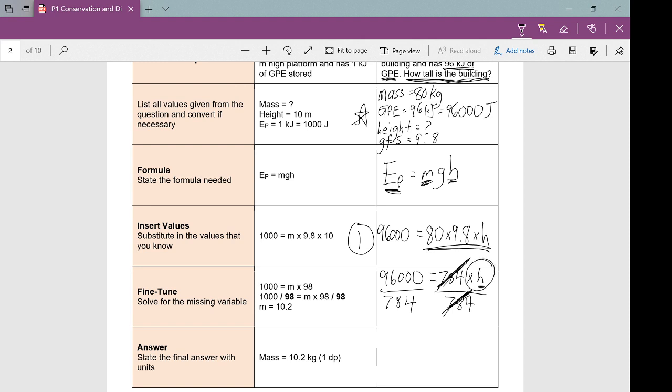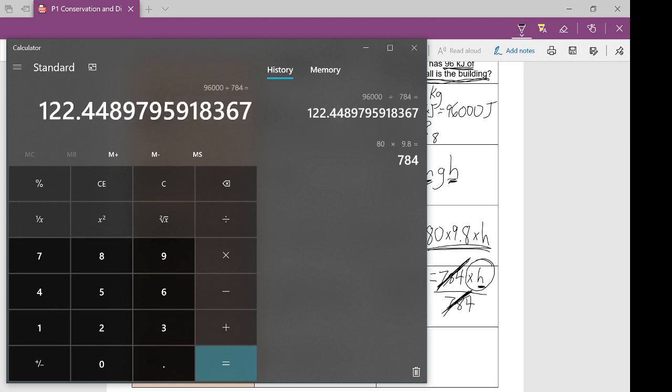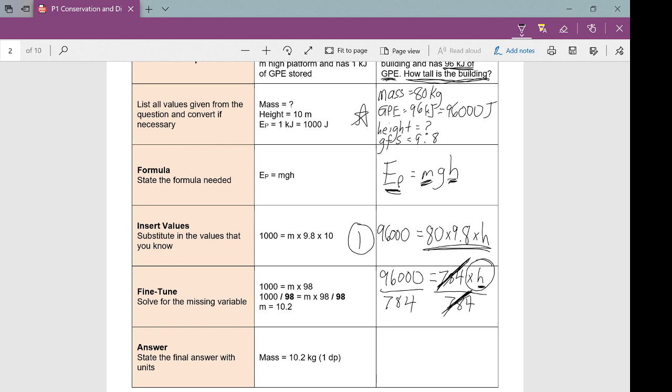And now I'm going to work out what 96,000 divided by 784 is. That's 122, and then I'm going to round that to one decimal place. I'm going to say 122.4. So h is equal to 122.4. And then what are my units for height?